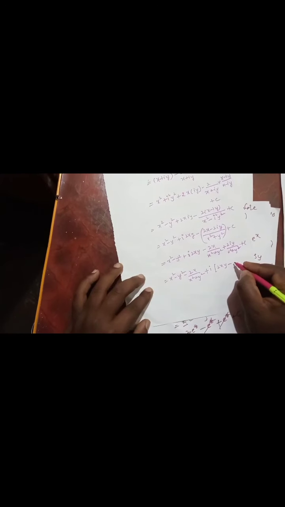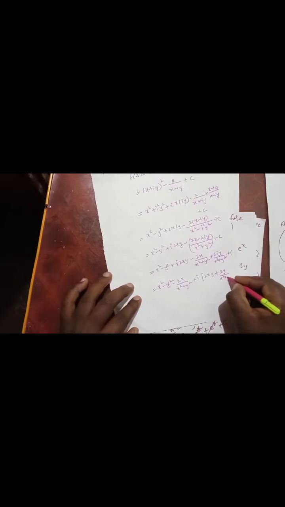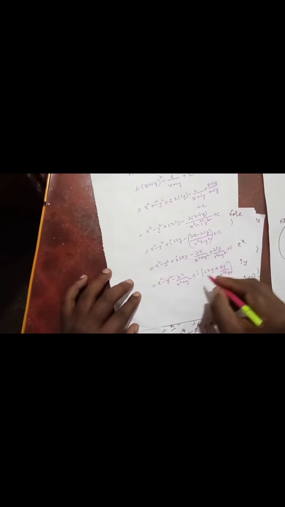Here separate the real and imaginary terms. The real part is x square minus y square minus 2x by x square plus y square, plus i into [2xy plus 2y by x square plus y square]. This also is real; write this c as it is.